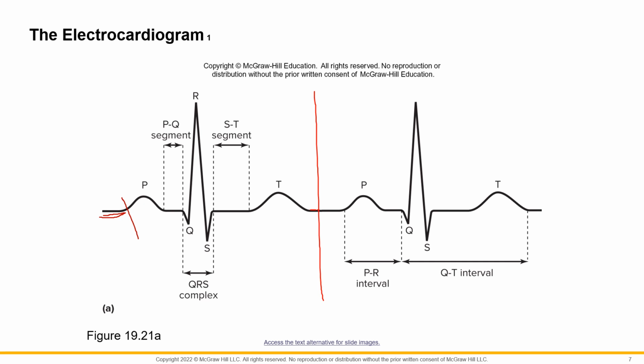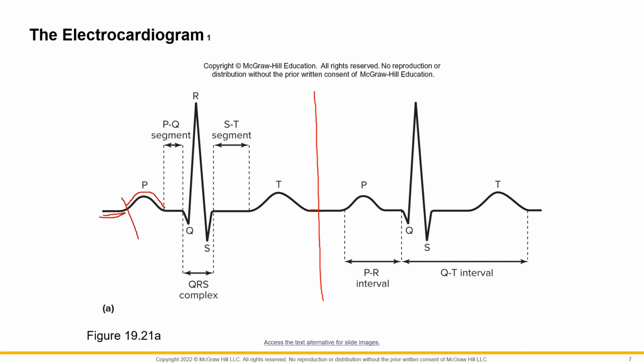This depolarization, which is an electrical event, is represented on this graph as the P wave. So the presence of the P wave means that your sinoatrial node is depolarized and your atria are depolarized, and they're getting ready to contract or systole.